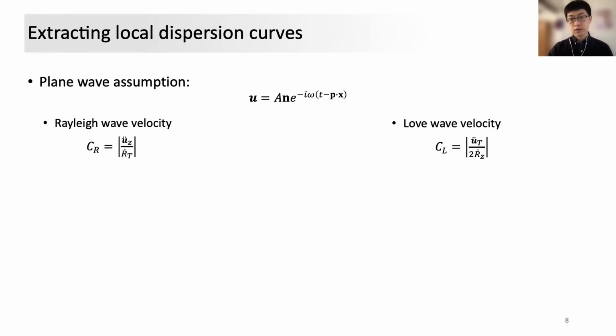After retrieving the source back azimuth information, we can rotate both translation and rotational components into radial and transverse components. Based on the plane wave assumption, the Rayleigh and Love wave phase velocities can be estimated through those two well-known formulas, respectively. A consequent frequency-dependent behavior of these amplitude ratios may be expected due to the dispersive characteristic of surface waves.